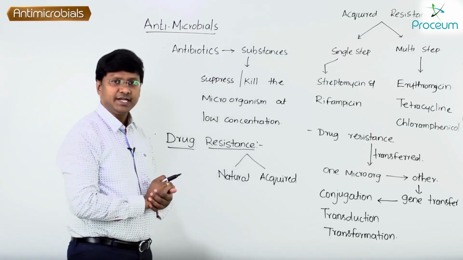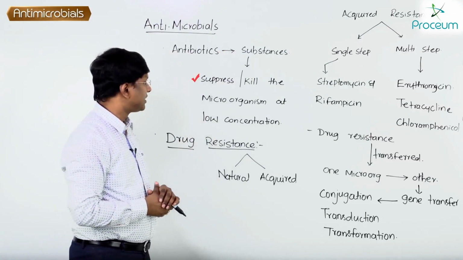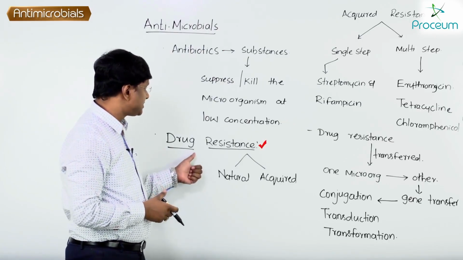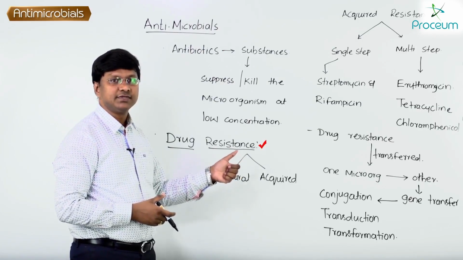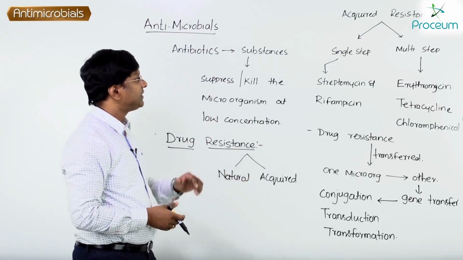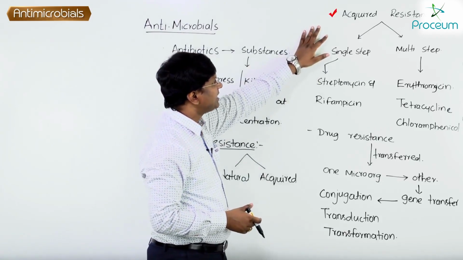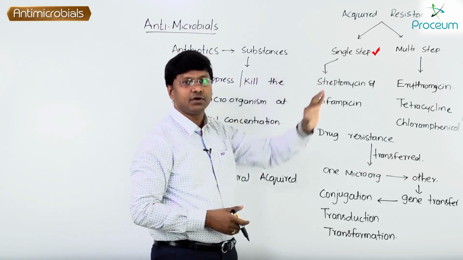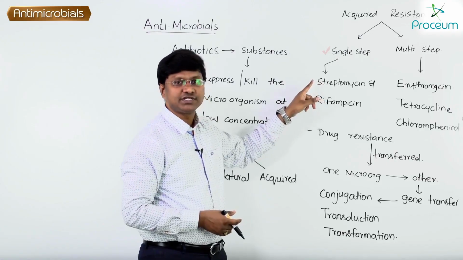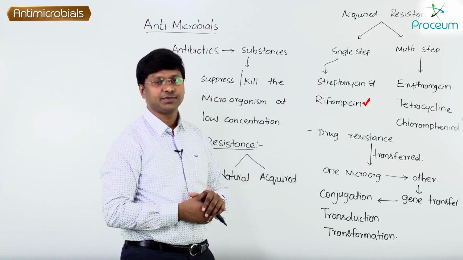Let me shortly revise. Antibiotics are those substances which will suppress or kill the microorganism at low concentration, and drug resistance in the microorganism is acquired in a natural or acquired way. Acquired resistance takes place either by single step mutation or multi-step mutation. Single step mutation is seen with streptomycin, which is an aminoglycoside, and rifampicin, which is a first line anti-tubercular drug.